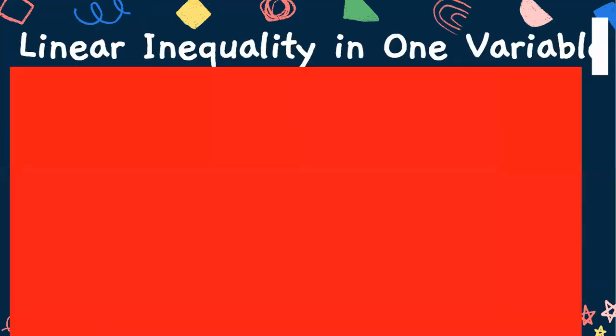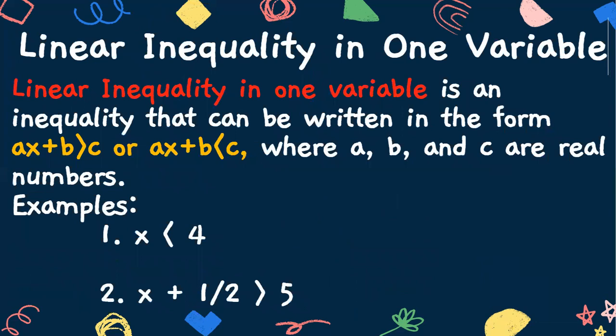Next. Linear inequality in one variable. So when we say linear inequality in one variable, it is an inequality that can be written in the form of ax plus b is greater than c or ax plus b is less than c.